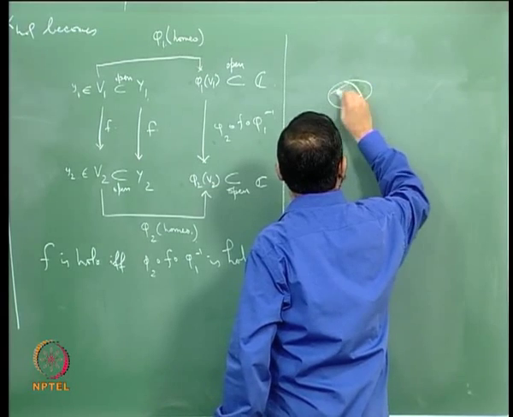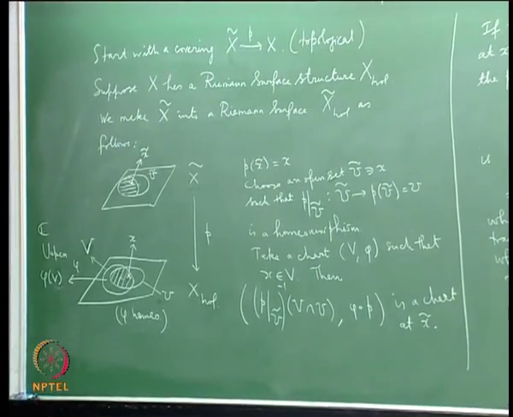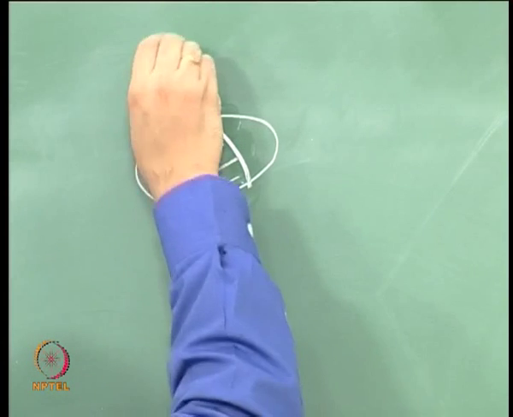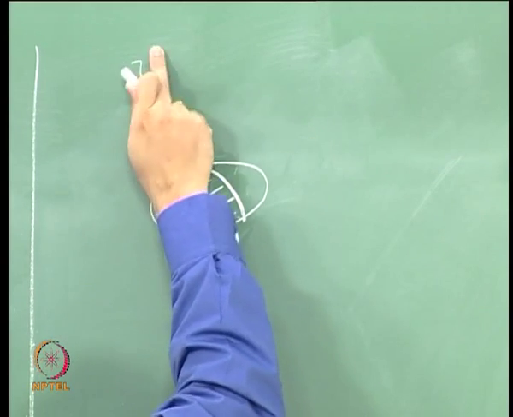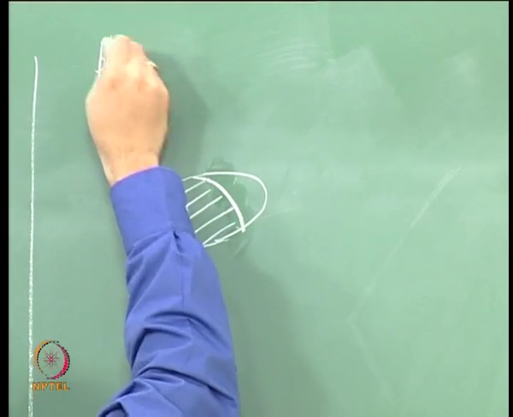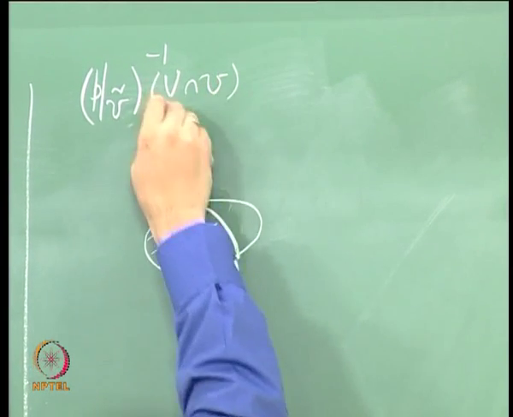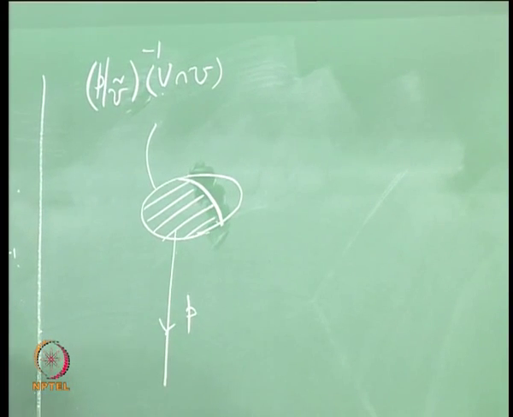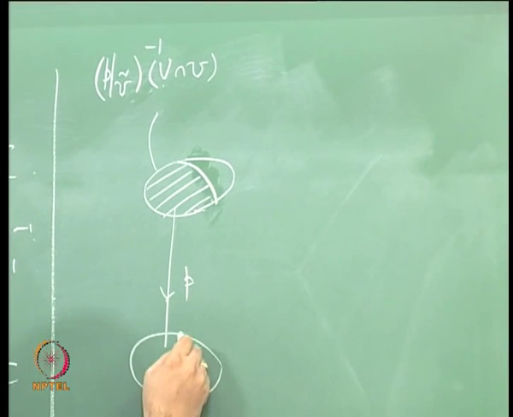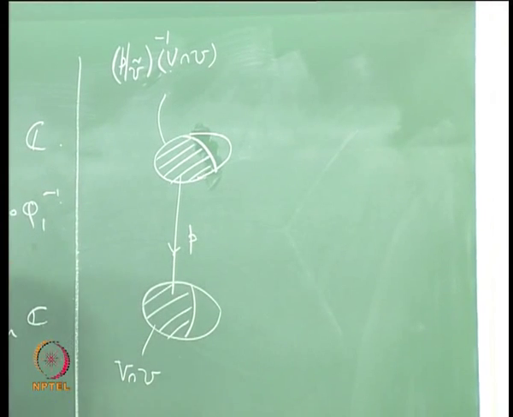I have this shaded neighborhood above, and this shaded neighborhood is I guess p restricted to u tilde inverse of v intersection u, okay, and then there is this map p from that into the open set below, and this open set below is just v intersection u, alright.